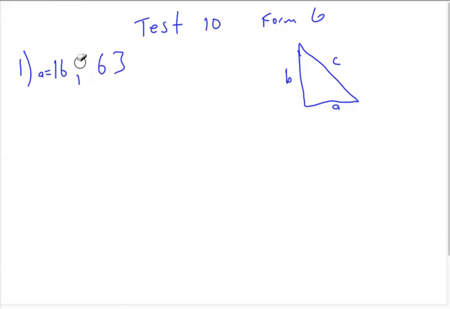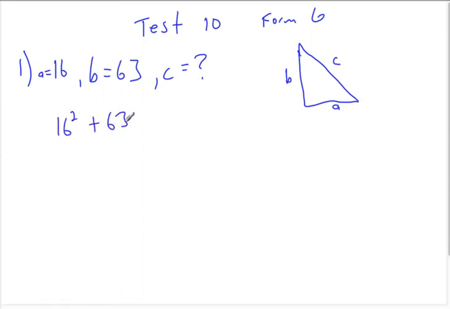Let's try that again. B equals 63, C equals what? So we need to find C. This is the Pythagorean Theorem. We know that 16 squared plus 63 squared is going to equal C squared.